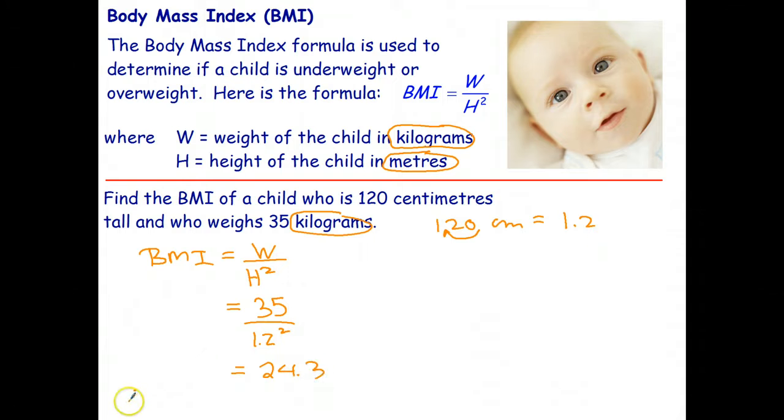So say therefore, the BMI is 24.3. I think we've got one more question for you to try.